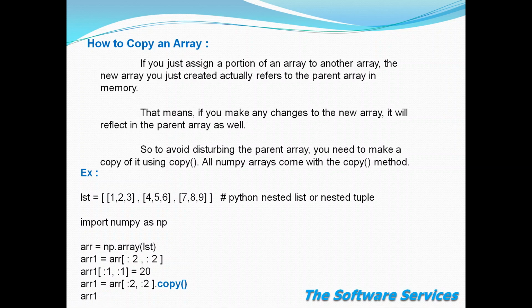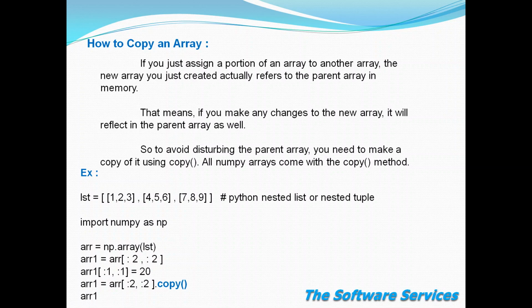If you change any value in this array, it will reflect in the parent array also, because it will not copy the contents of the array, it will copy the reference only. So it will refer to the original content in the memory.